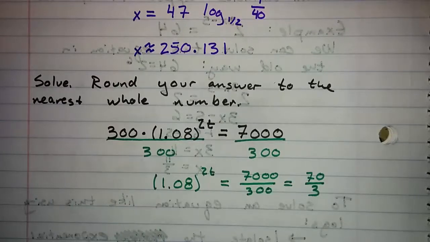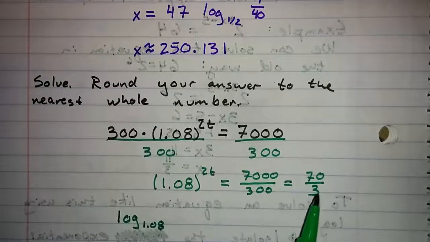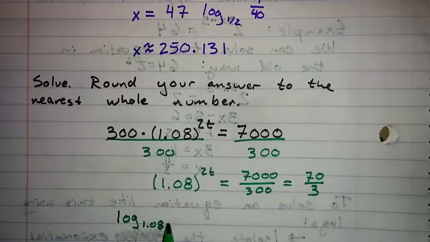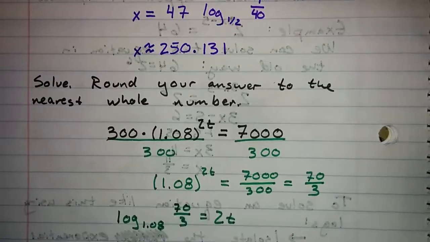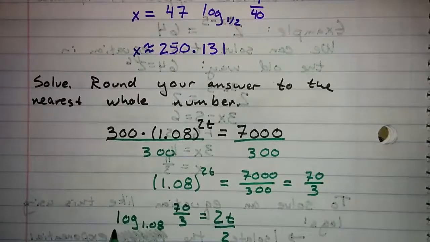Now I want to rewrite in terms of logarithms. That means the base stays the same, but then the answer and the exponent switch places. Now I finish solving for t by dividing both sides by 2.